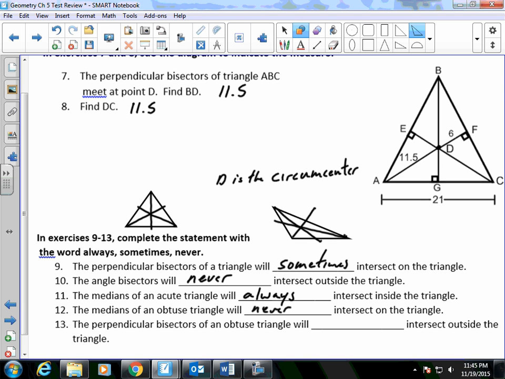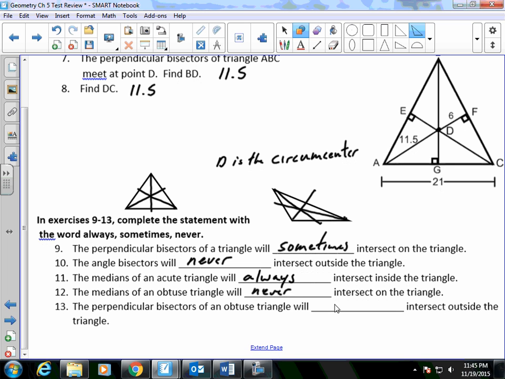And then 13, perpendicular bisectors of an obtuse triangle will always, sometimes, or never intersect outside the triangle. And with an obtuse triangle and the perpendicular bisectors, remember this rule: the bigger the angles get, the farther towards the outside of the triangle the intersections are going to get.